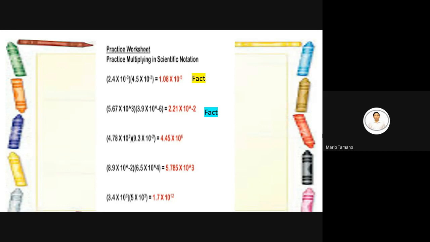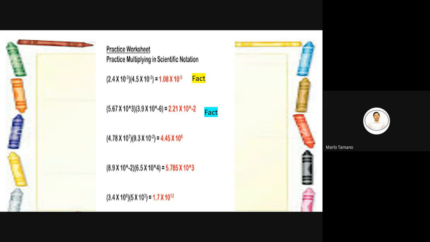Nagtitry. So, 4.78 times 9.3. Mamaya mag-practice kayo mag-multiply ng decimal, ha? Tapos i-check ninyo using your calculator so that you can check if it is correct, no?